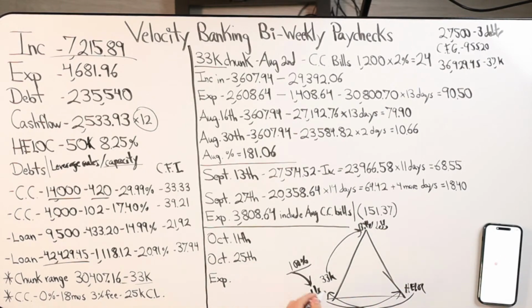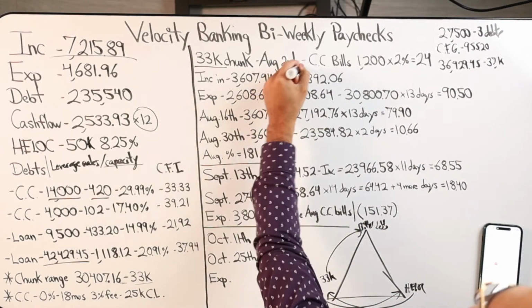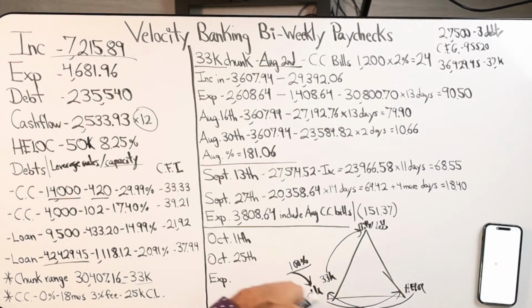The moment we pull 33 out, you're immediately getting charged interest. Now, you can reduce that interest at 8.25% by simply sending all of your income right into the HELOC the same day before midnight. So August 2nd, 33 grand came out, boom.